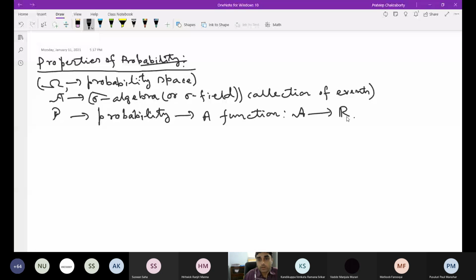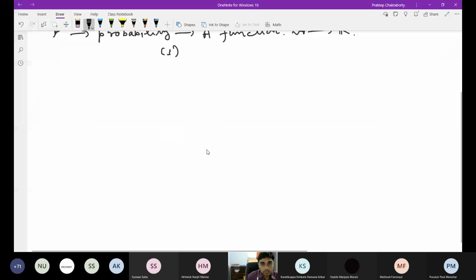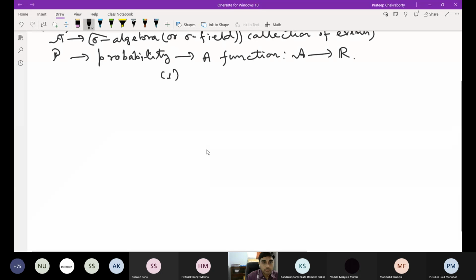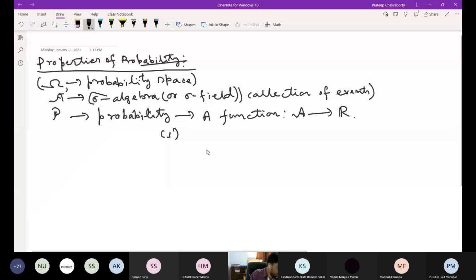Okay. So what are the properties of this function? Can anyone tell me? What is the definition of this function? Okay, so first of all, this is the full set.